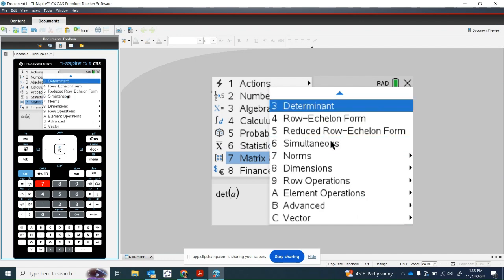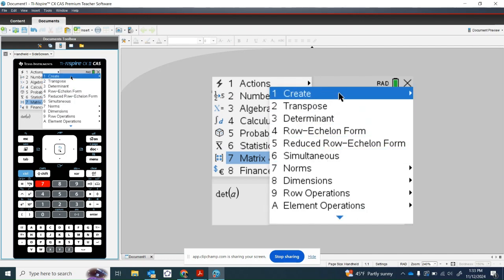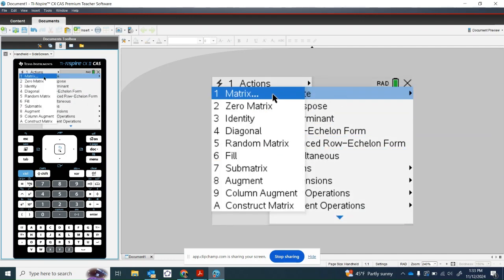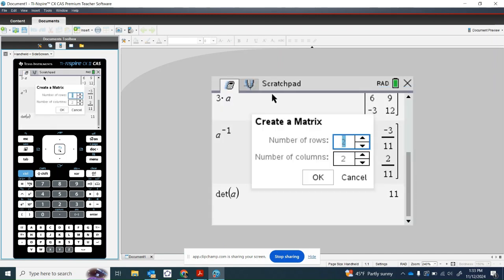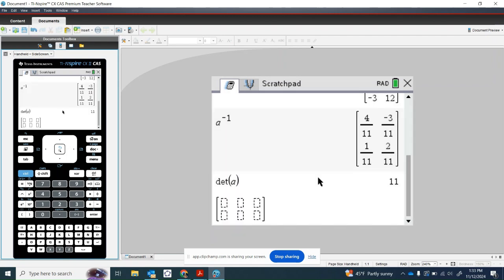So let's say I had a different matrix. So I want to create a matrix. I'm going to make 2 rows and 3 columns. So this would be like the equations. So I want to solve a set of equations.